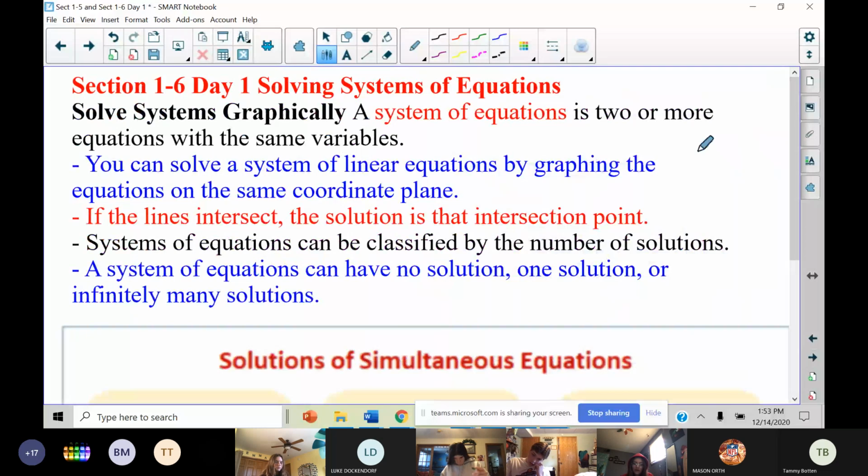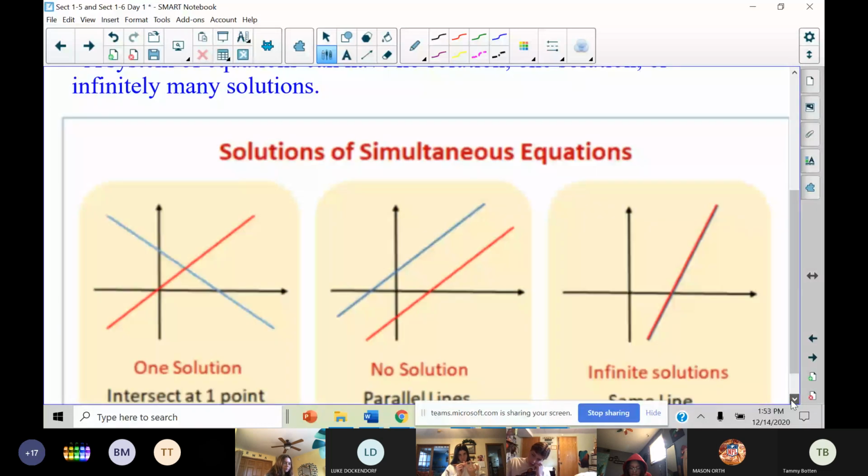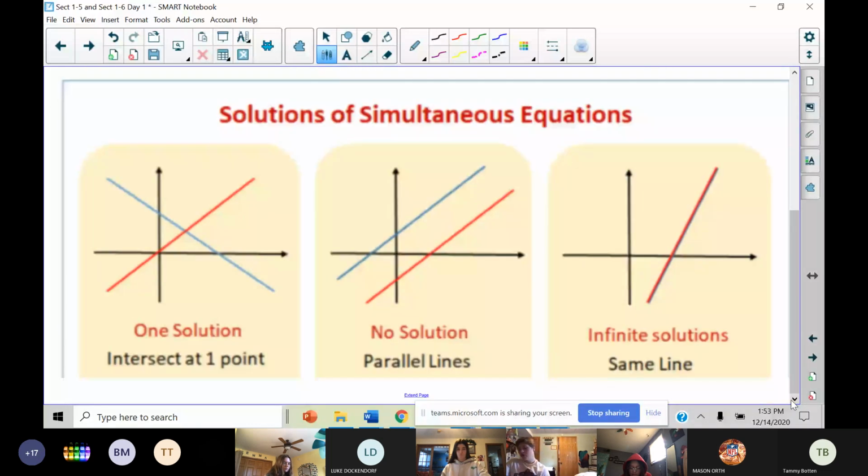And this is on solving systems of equations, which means that you're going to have two equations with two variables. Okay. When you do this, you can have one of three scenarios. One is the two lines, when you graph them, can intersect at a point, and whatever that point is, that is the solution between your two equations.